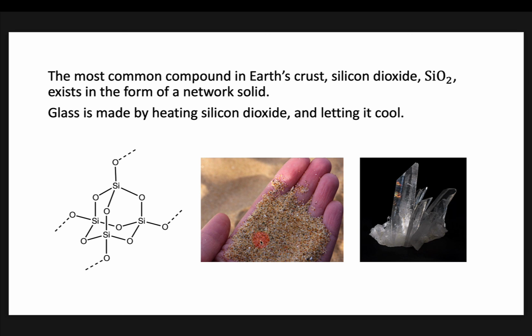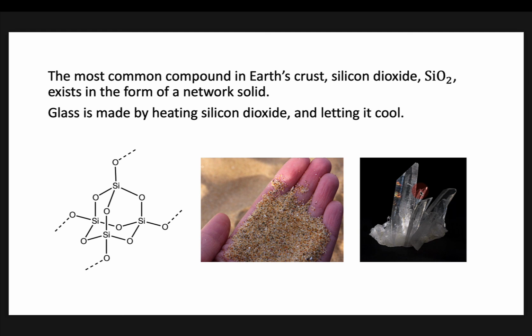And sand contains a lot of quartz. If you actually just look at a sample of sand with your bare eyes, you'll probably notice that some of the grains of sand are kind of clear. Many of those are small pieces of quartz. So there's lots of silicon dioxide around. There's lots of it in sand.